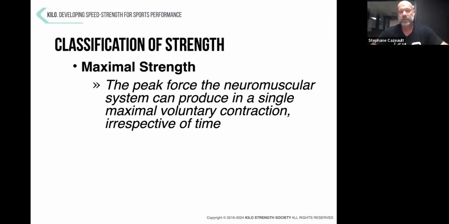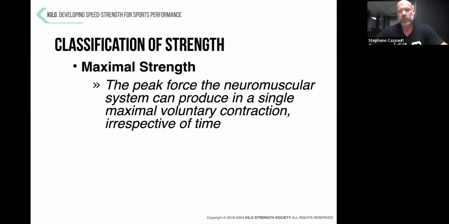Then we have maximal strength. It's the peak force the neuromuscular system can produce in a single maximal voluntary contraction, irrespective of time. So your expression of strength here does not have a time constraint. We know that for most actions, it takes a minimum of about 300 milliseconds to exert maximal force. It can be much longer, over 400 milliseconds sometimes, but after 300 to 400 milliseconds, the rise in force becomes very small. We're talking about a 2 or 3% change in force after that.